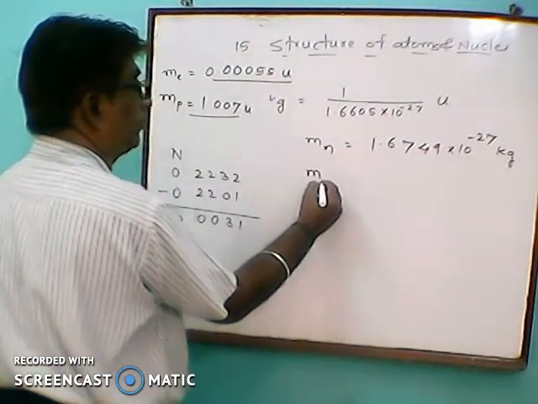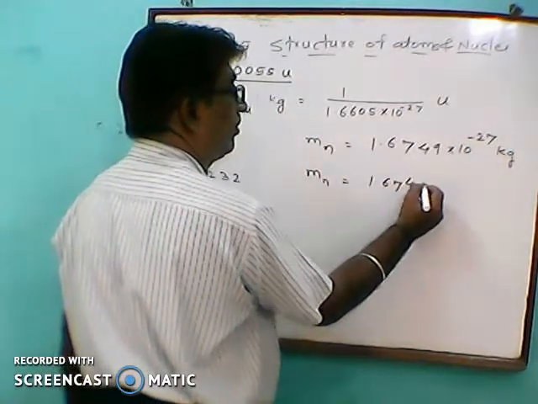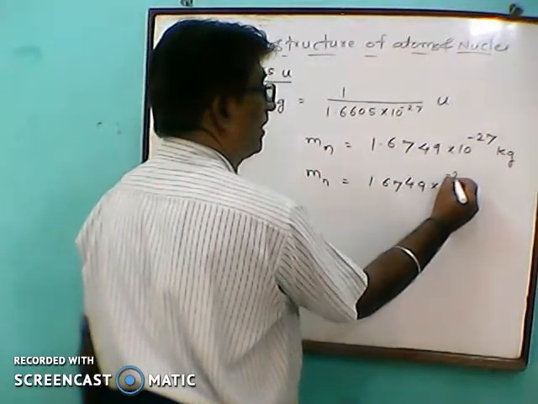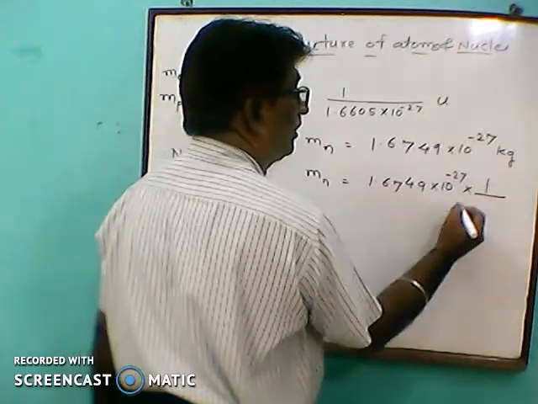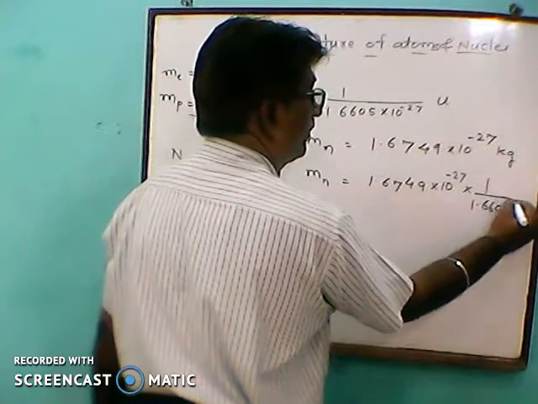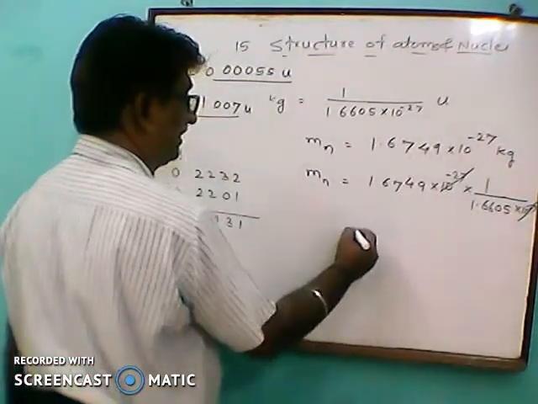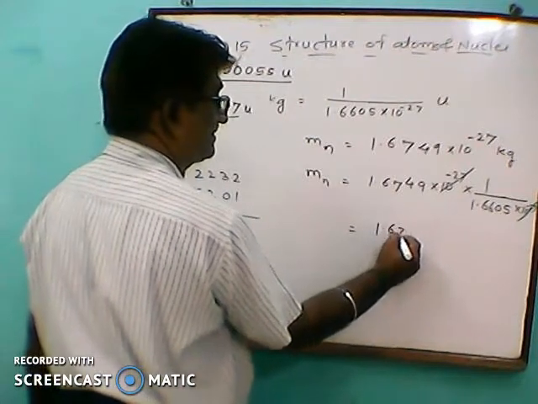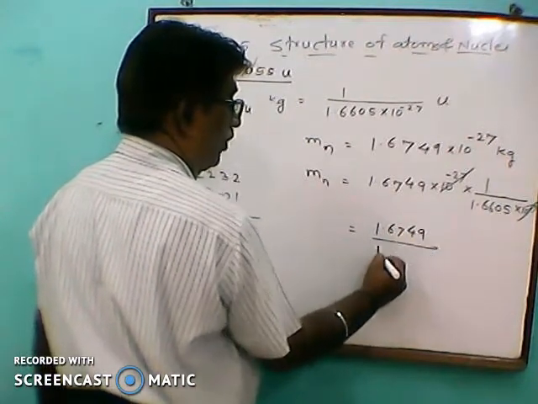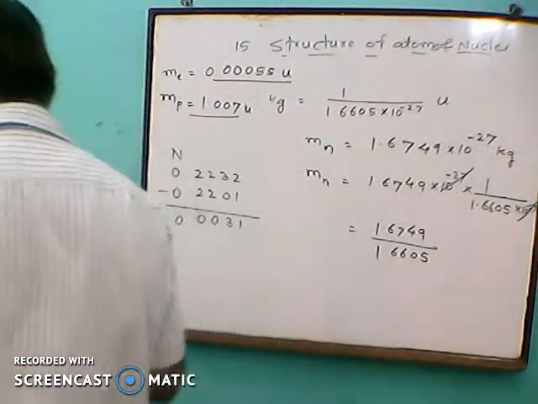In atomic mass unit, it will be 1.6749 into 10 to the power minus 27 into 1 upon 1.6605 into 10 to the power minus 27. The minus 27 gets cancelled, so 1.6749 upon 1.6605.